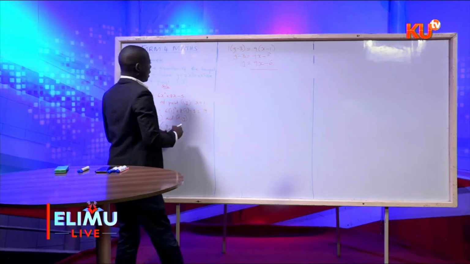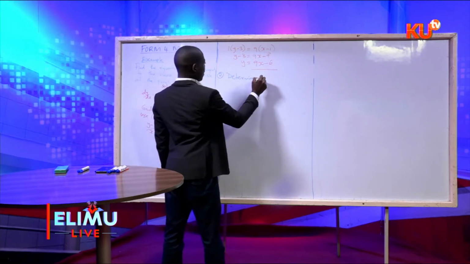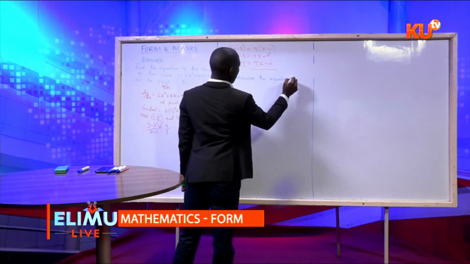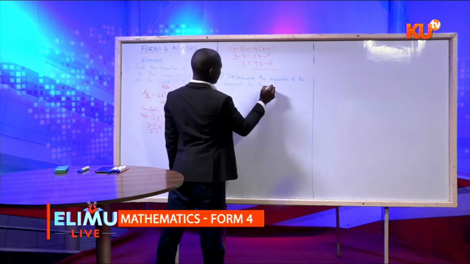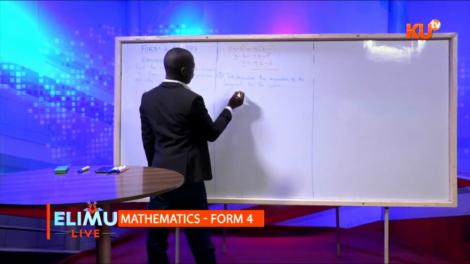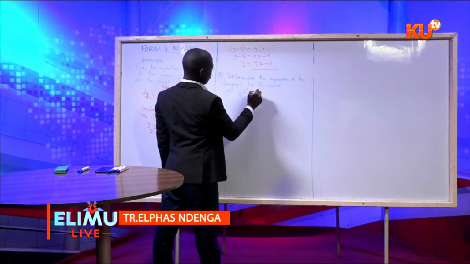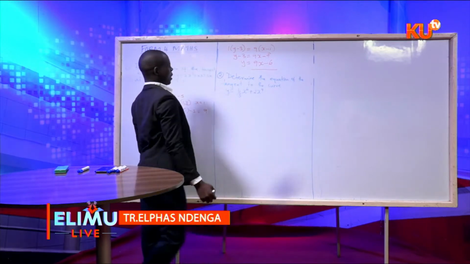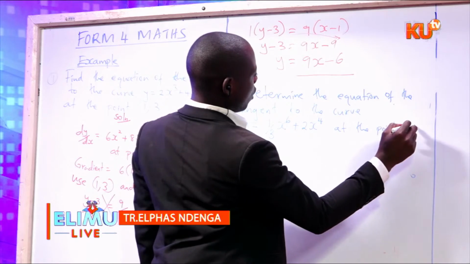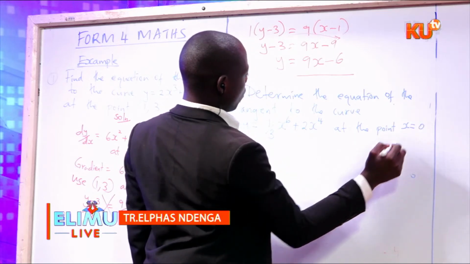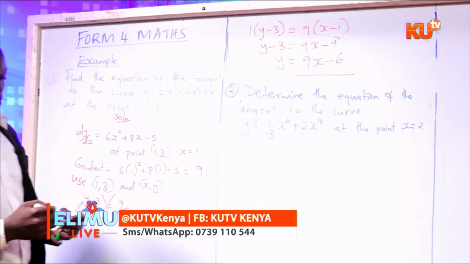So our second and last example is to determine the equation of the tangent to the curve y equals 1 over 3 x power 6 plus 2x power 4 at the point x equals 2.